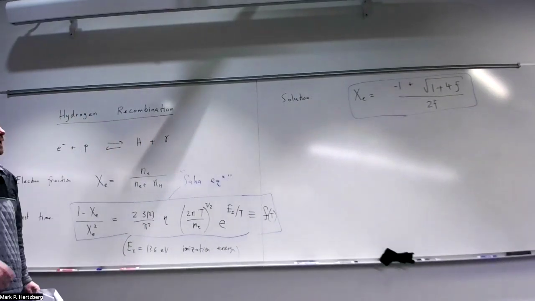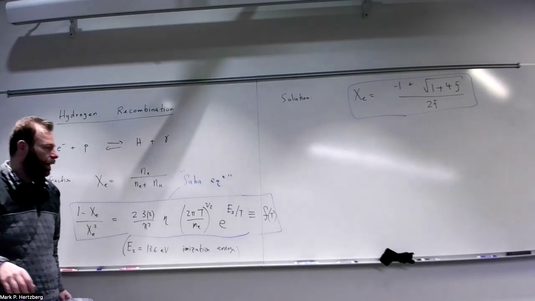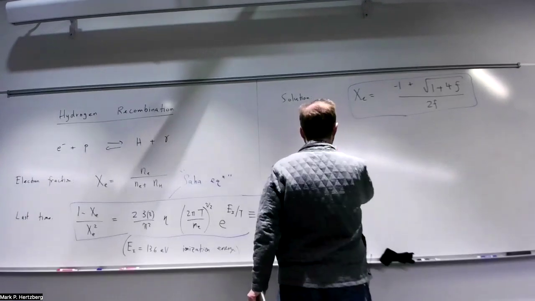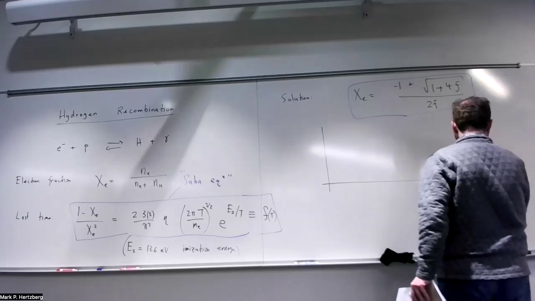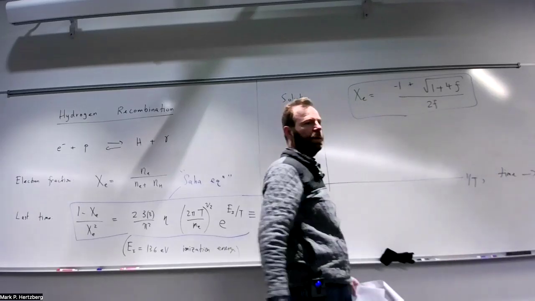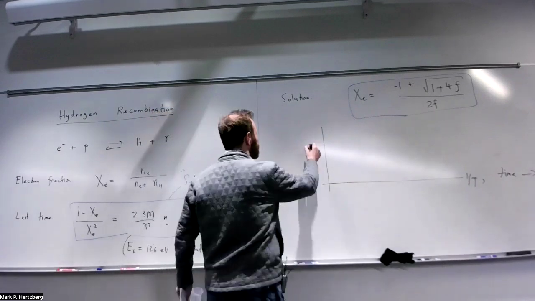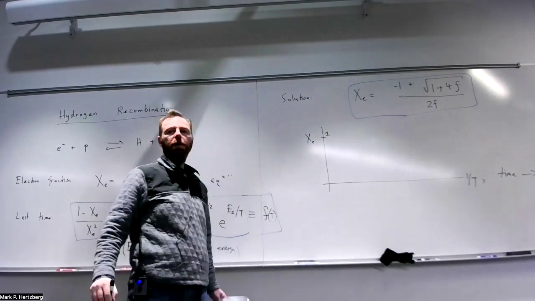All right, so you could just break out Mathematica and plot this versus temperature. And we can look at the answer and then double check that it makes sense. So here's temperature, again, or time, as I always like to plot it, inverse temperature. Here's X. And for sure, it will start very close to 1.